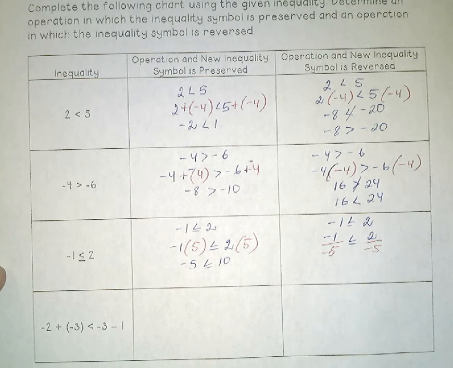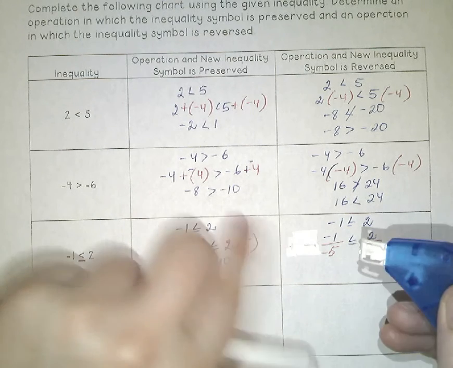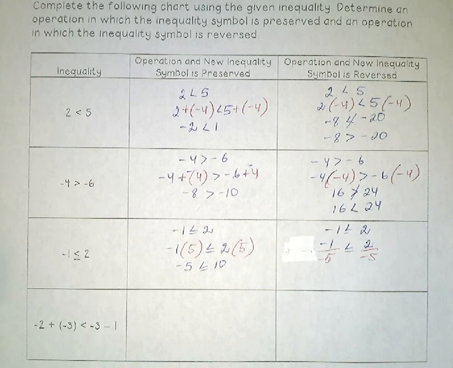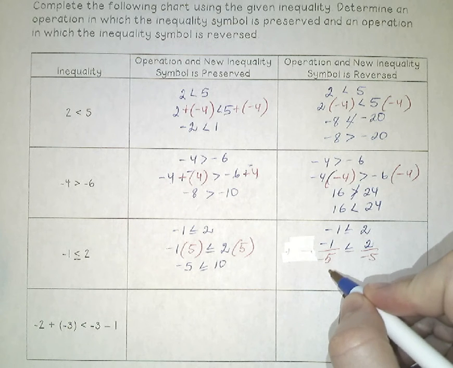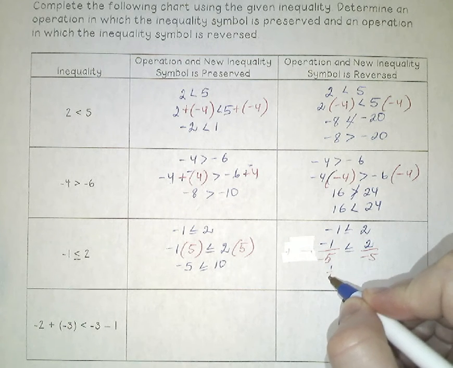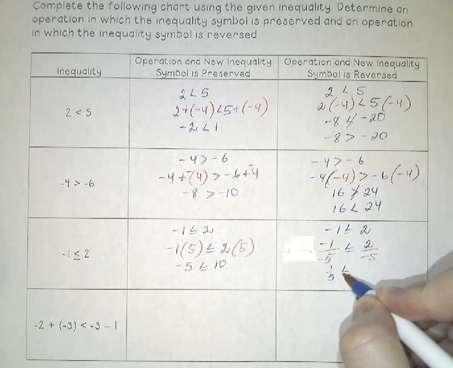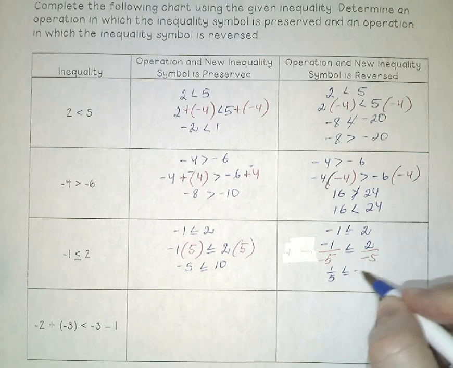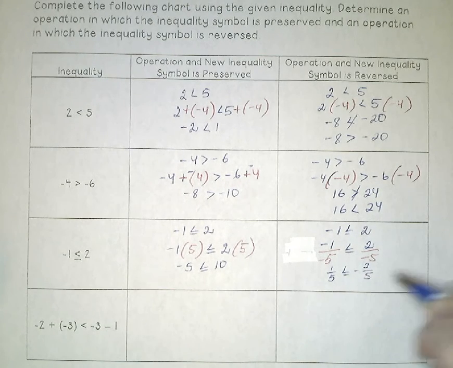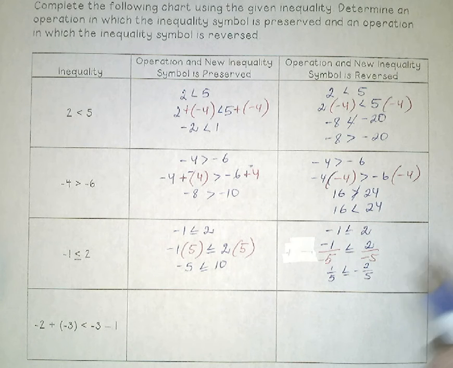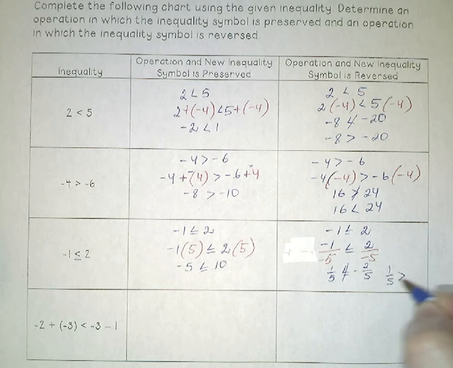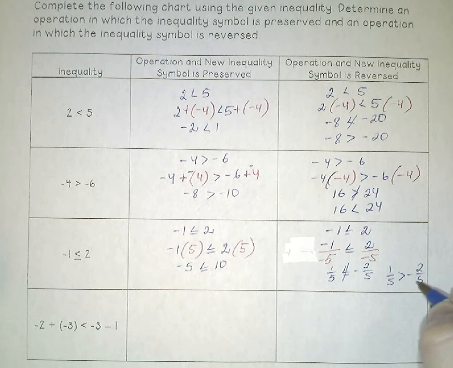Dividing by negative 5 is the same as multiplying by its reciprocal, right? So the same thing as multiplying both numbers by negative 1/5, right? So here I will have positive 1/5 less than or equal to negative 2/5. That is not true, so I have to change that inequality. 1/5 is greater than negative 2/5.